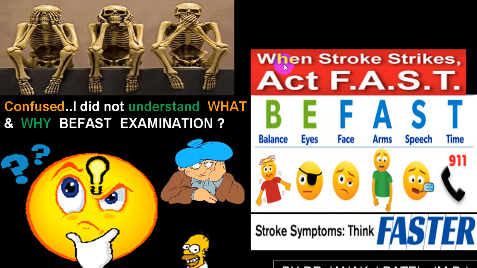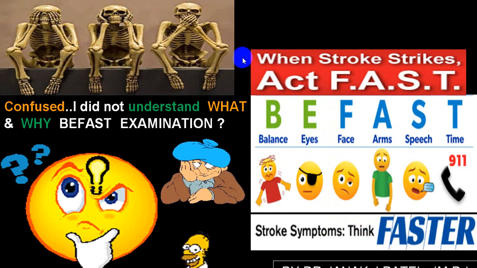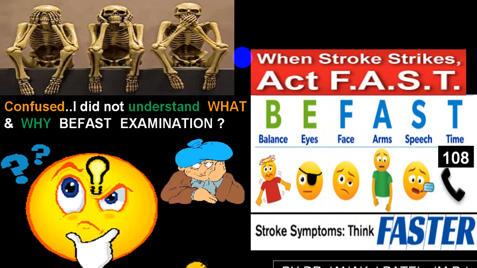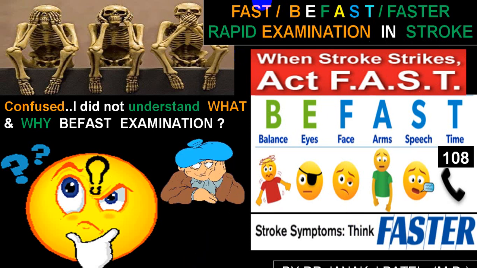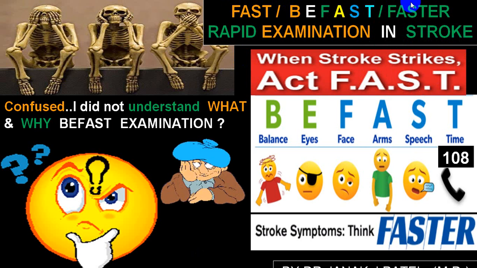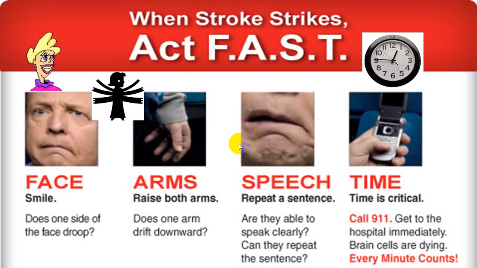These are the three, and we'll be talking about that. Whenever a person comes with a stroke, we do examine this. So FAST, BE FAST becomes a rapid examination in a person with a stroke.